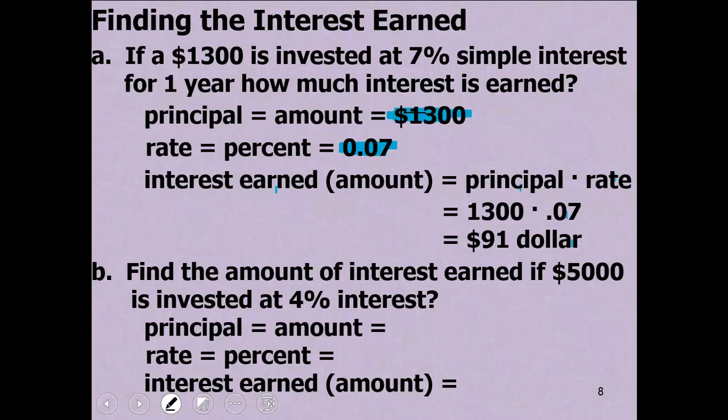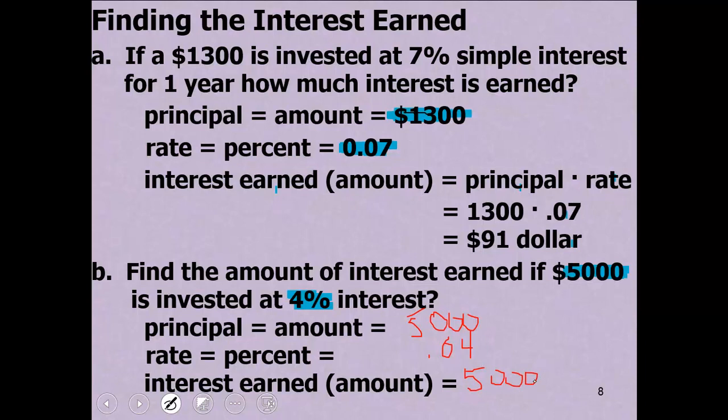All right, welcome back. Find the amount of interest earned if $5,000, that's the principal, is invested at 4% interest. My principal amount is $5,000. My rate is 4%, so that's 0.04. Now I'm going to multiply those together.